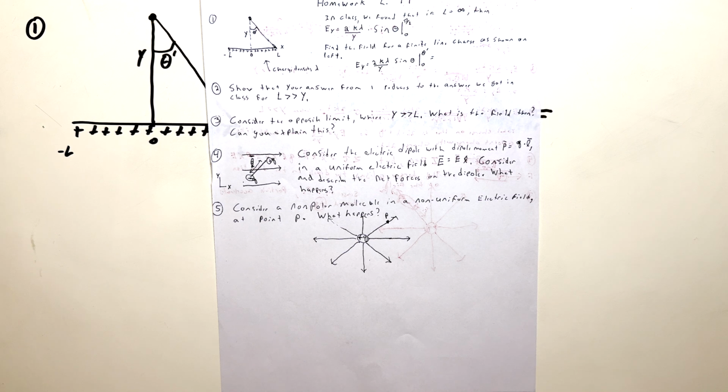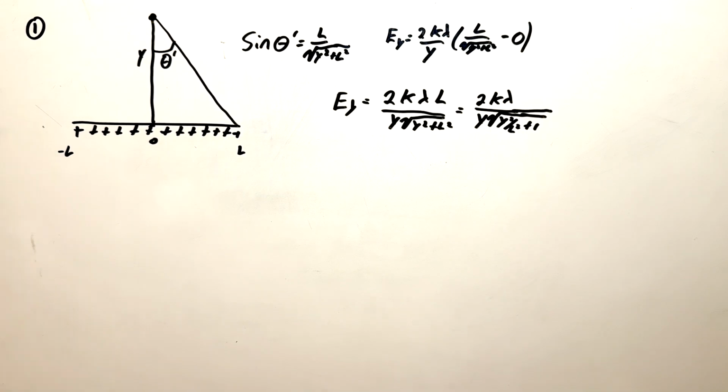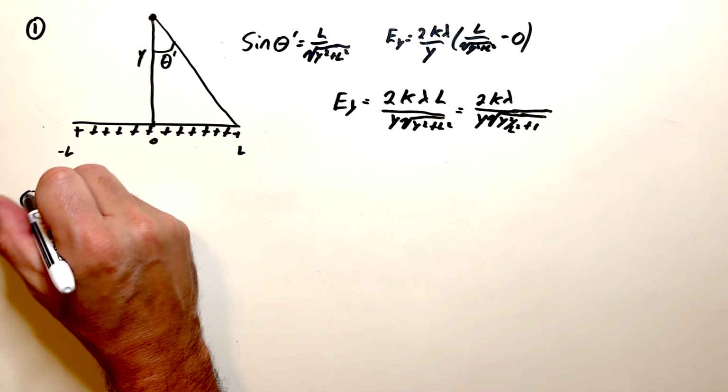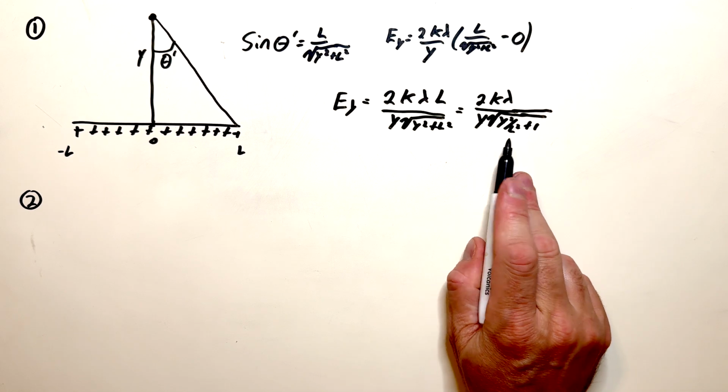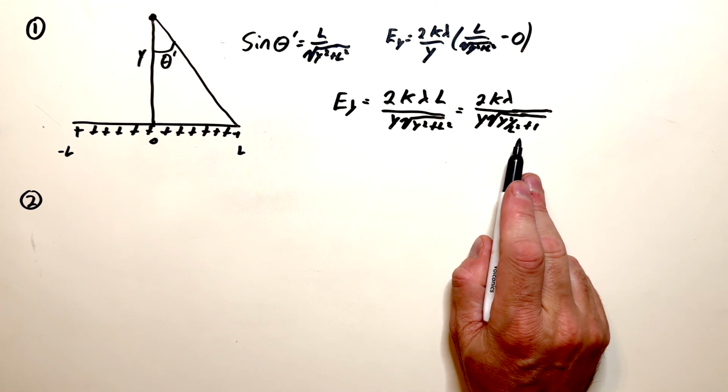All right, problem number 2 asks, show that your answer from 1 reduces to the answer we got in class for L much, much greater than y. Okay? Well, that's why I wrote this expression this way, because now it just boils down to evaluating what happens to this square root sign if L is much, much greater than y.